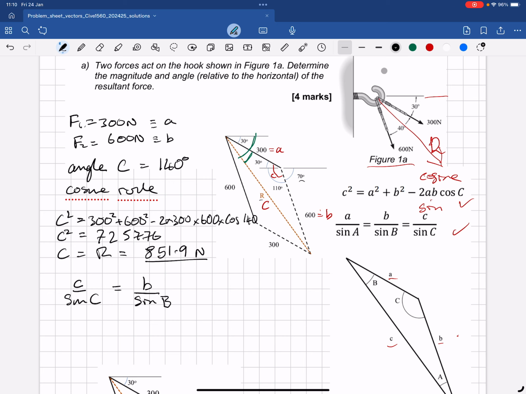So what do we have? We have C, so 851.9 over sine 140 equals B, 600 over sine, call it theta, and this goes to theta is equal to 26.9 degrees.